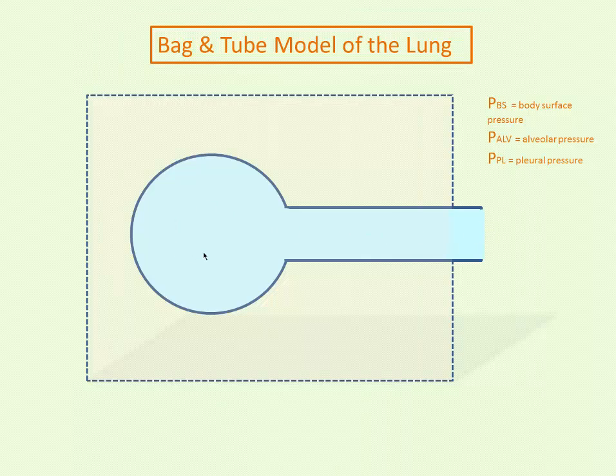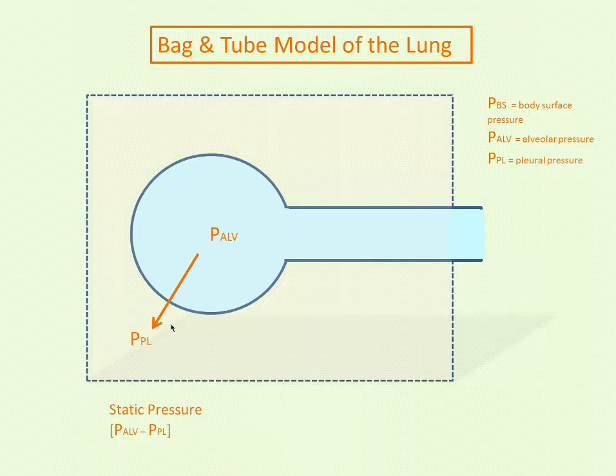This is a schematic for the lung, and the alveolus represents the bag, or the static aspects of pleural and intrathoracic pressure. And then the tube is a schematic for the airway, and that's going to represent the dynamic aspects of intrathoracic pressure.